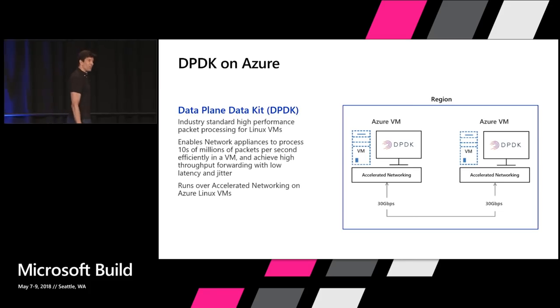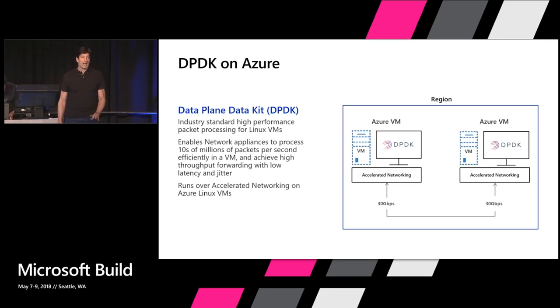Now, we got amazing performance gains and bandwidth gains, plus a lot lower CPU usage when we went to these FPGAs and accelerated networking is turned on. But recently, we've been deploying something called DPDK into our Linux virtual machine images.